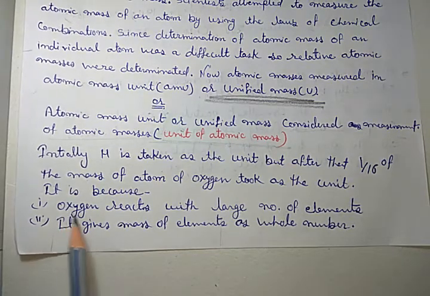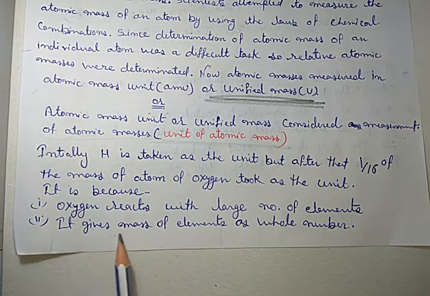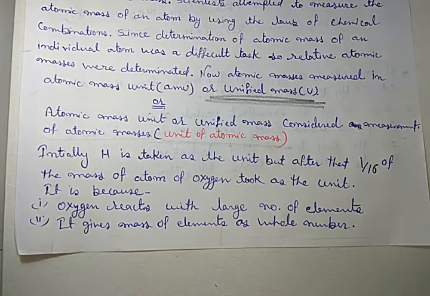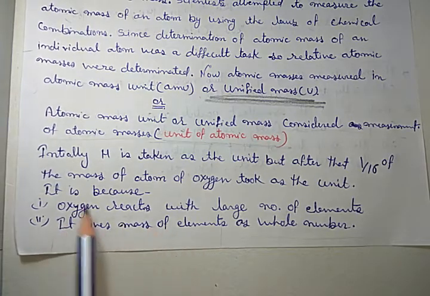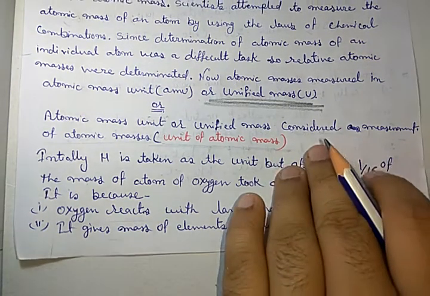Because oxygen reacts with a large number of elements and makes compounds. And second, it gives the masses of elements as whole numbers, like 1, 2, 3, 4, 5, or sometimes a fraction near a whole number, like 2.9, 2.95. Converting them into whole numbers was an easier process. That's why oxygen was taken as the standard unit of weight.